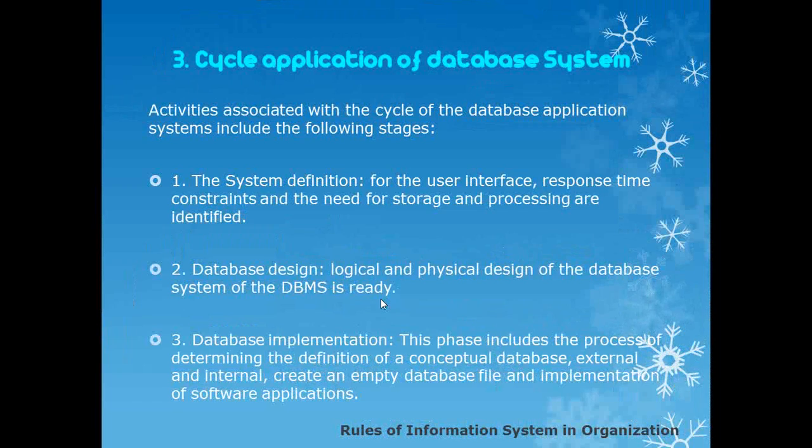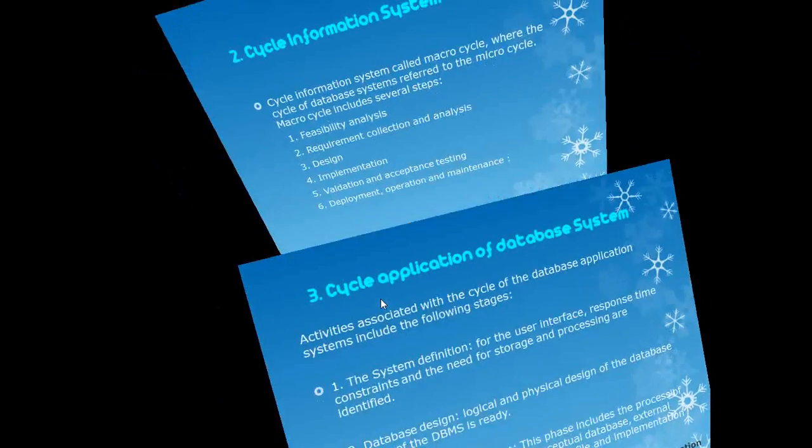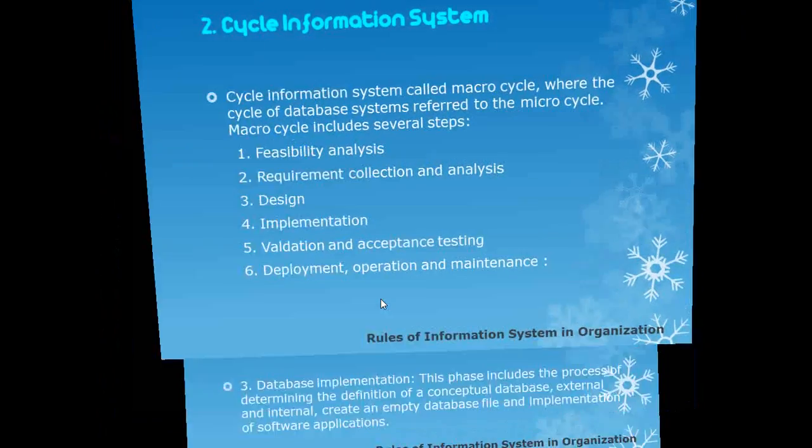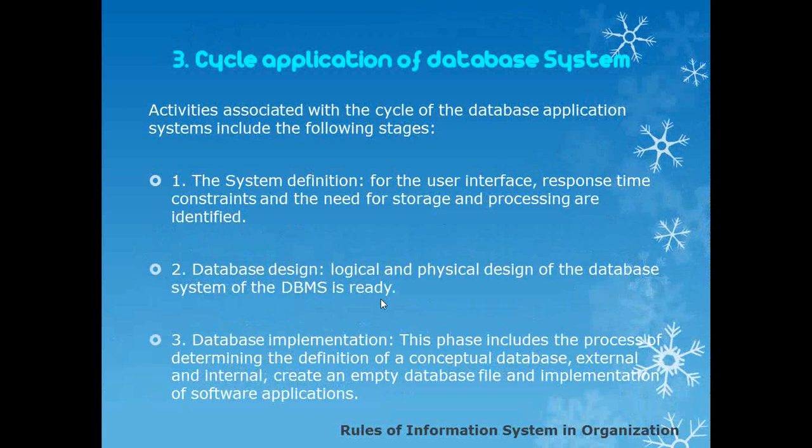Under the cycle of information systems, we have the cycle of the database application system. Activities associated with the cycle of the database application system include the following stages. 1. System definition. The user interface, response time constraints, and the need for storage and processing are identified.